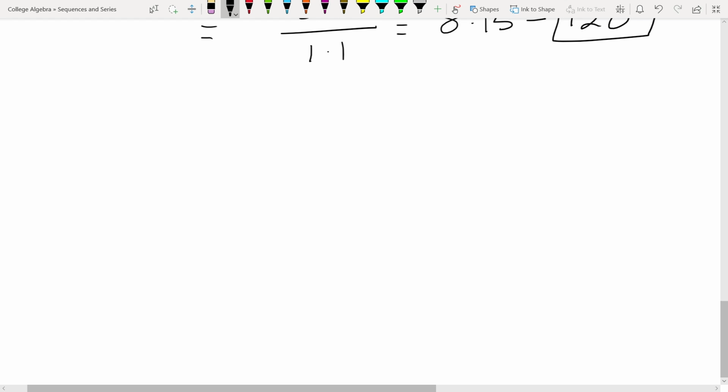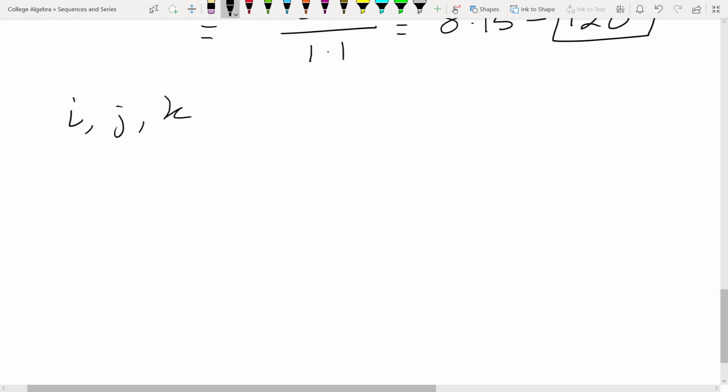Typically, when we do series, we have to have an index term, and that's normally I. I just runs through a certain set of numbers, like 1 through 10 or 1 through 20. But you can also use J or K depending on your situation. These are typically the 3 that are used the most.